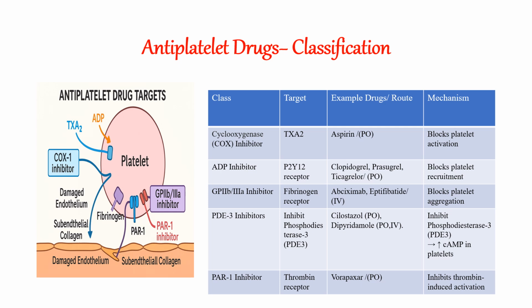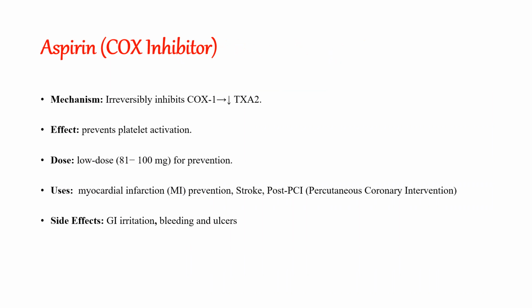PAR1 inhibitors prevent thrombin-induced platelet activation. Additionally, phosphodiesterase 3, PDE3, inhibitors, like cilostazol and dipyridamole, increase intracellular cAMP levels in platelets, leading to reduced platelet aggregation and vasodilation.